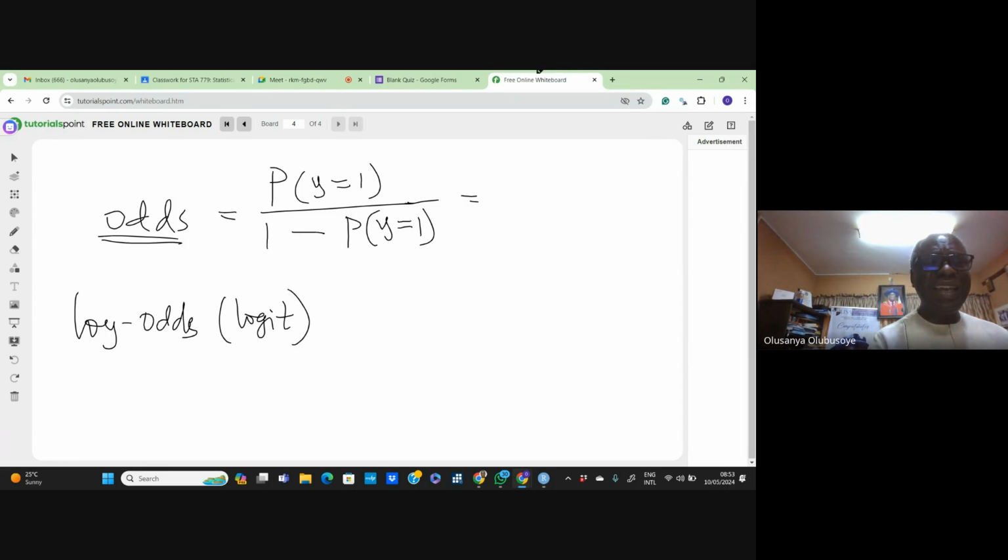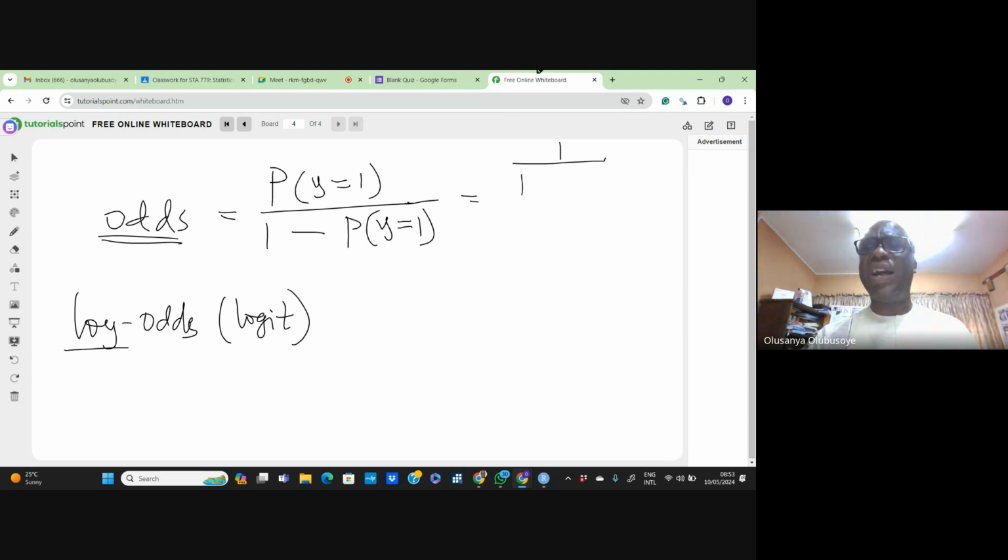So I'm only taking the log because this expression, if you go back, this probability is on its own 1 over 1 plus e raised to power minus y, since we are using y. That is the expression for probability.